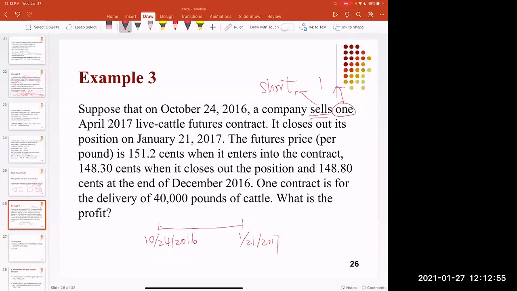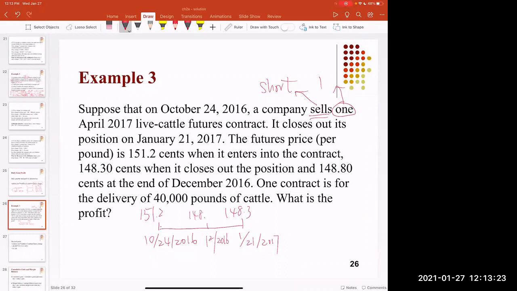The futures price per pound is 151.2 cents when it enters the contract, and 148.3 cents when it closes out the position, and 148.80 at the end of December. This is useless information. We actually don't need that.